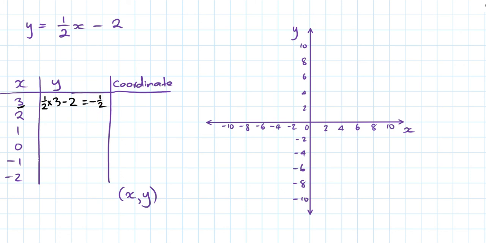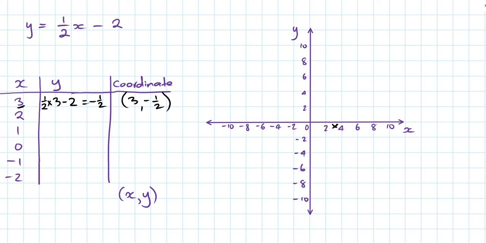So my coordinate is, the x value is 3, the y value is negative 1/2. So on my grid, going across to 3 and down half. So it should end up about here.